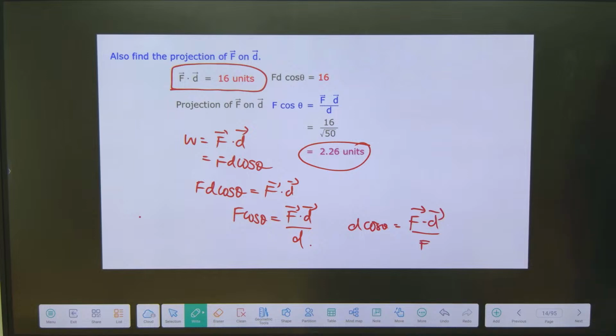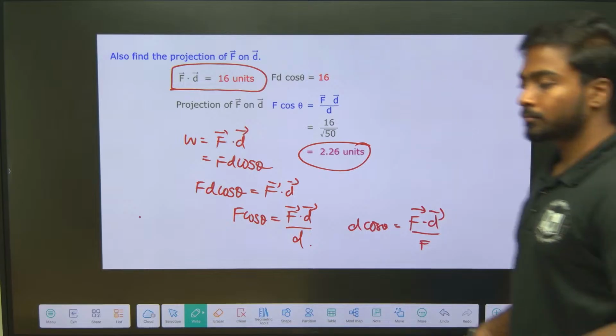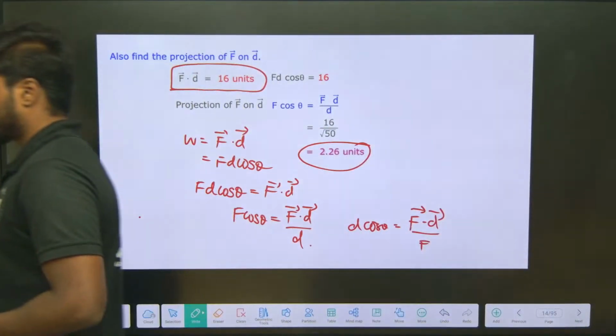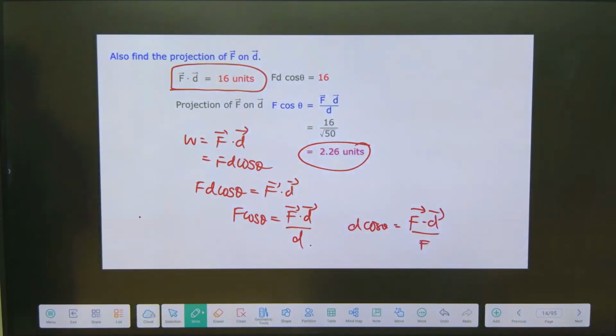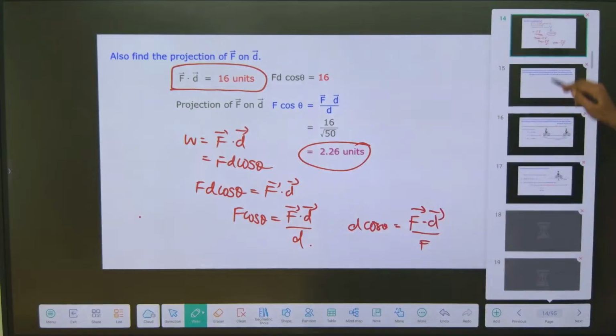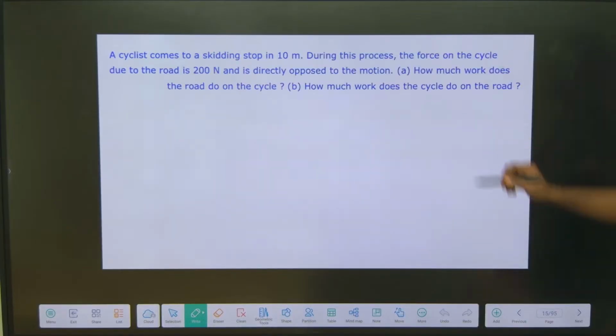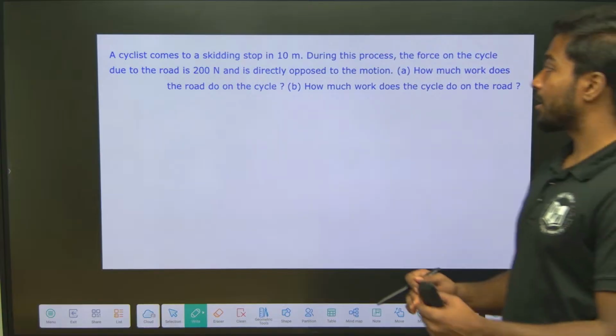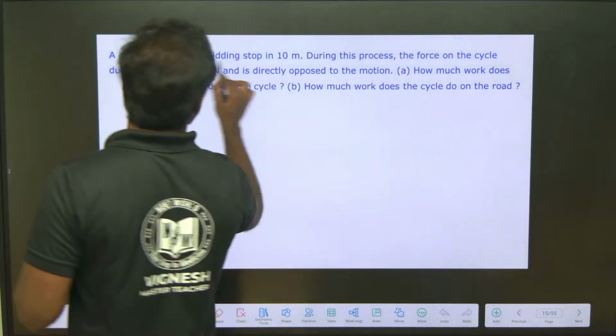Okay, we'll go for the next one. Okay, done. So the next question. A cyclist comes to a skidding stop in 10 meters.